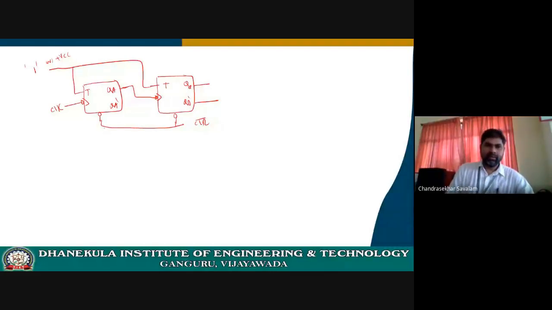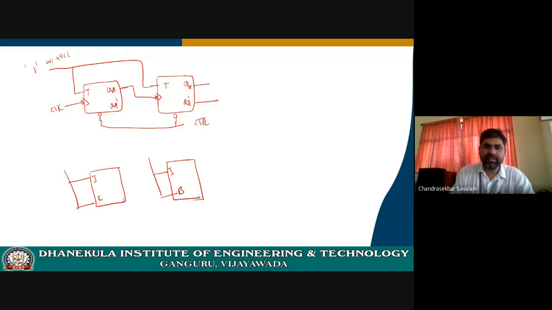See, in the theoretical presentation the T flip-flop is available, but in practical and commercial IC packages, the T flip-flop is not directly available. Only the JK flip-flop is available. Instead of taking one input, we are taking 2 inputs. So if you short these 2, that comes under T flip-flop.